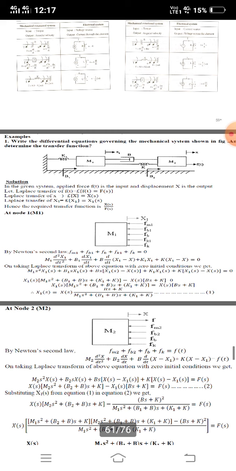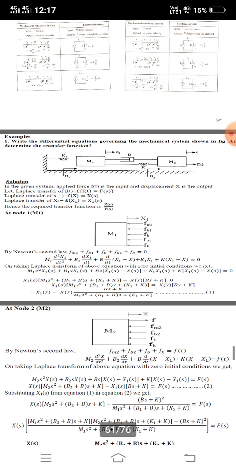We can segregate the common terms of X1(s) and X(s) in this equation, separate both parts and equate them, and finally rearrange: X1(s) equals X(s) times (bs plus k) by (m1 s square plus (b1 plus b) s plus (k1 plus k)). This is equation 1. This equation comes from the m1 mass.